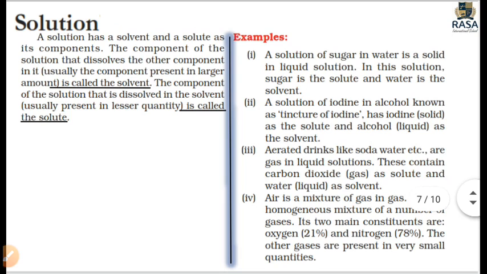The main two gases are oxygen at 21% and nitrogen at 78%, which are present around us. The atmosphere is a composition of different gases, of which oxygen at 21% and nitrogen at 78% are present in the largest amounts. The other gases are present in very small quantities.